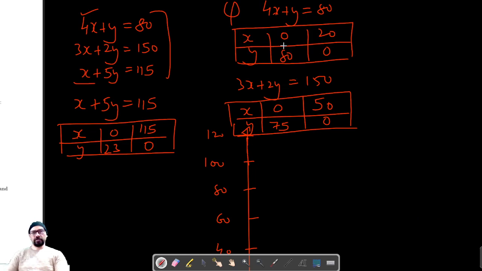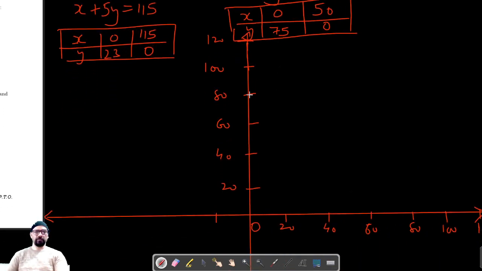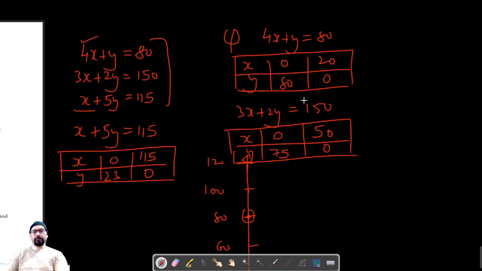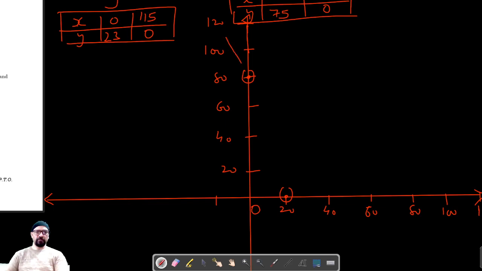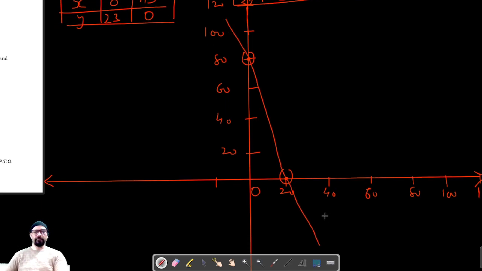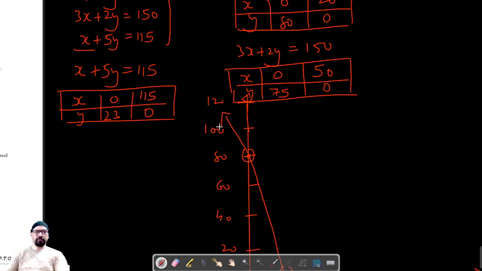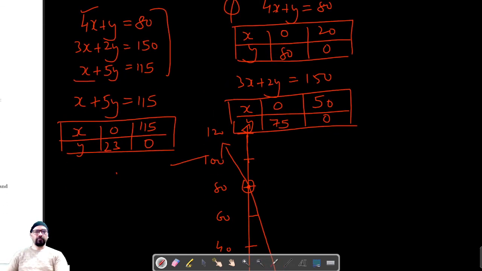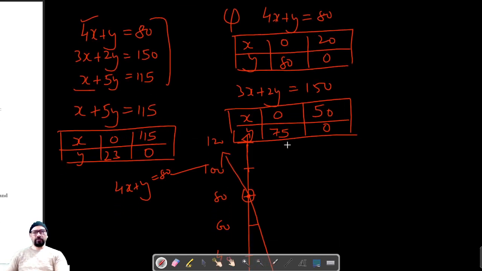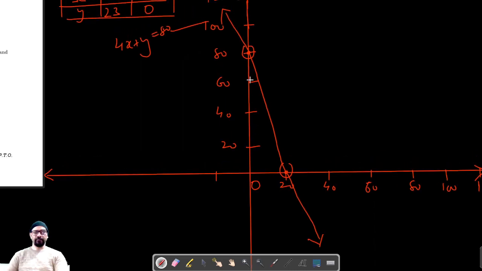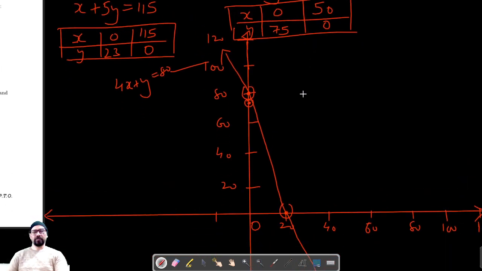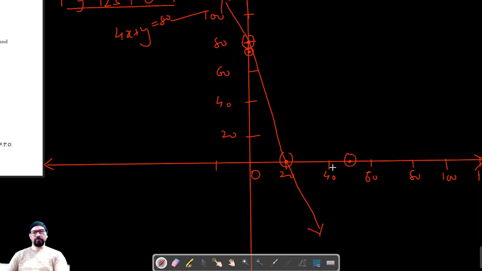Okay, let's try to sketch the first one. This is 0, 80. So 0, 80 is here, and 20 comma 0 is on the x-axis. If we sketch the graph, this is for 4x plus 5y is equal to 80. Next one is 0, 75, which is here, and 50 comma 0 is here.